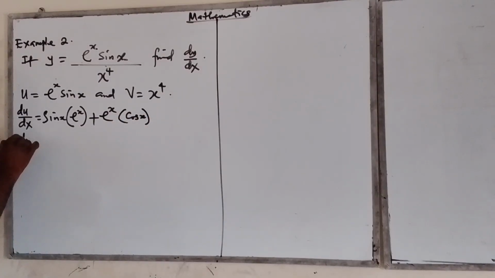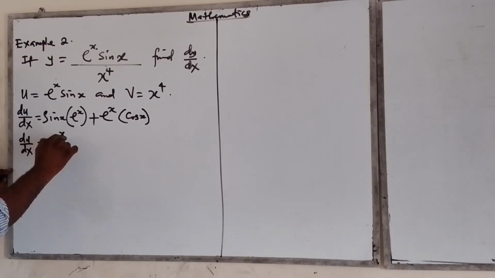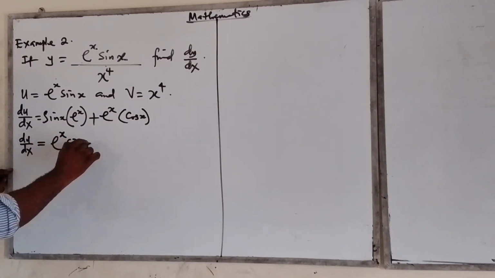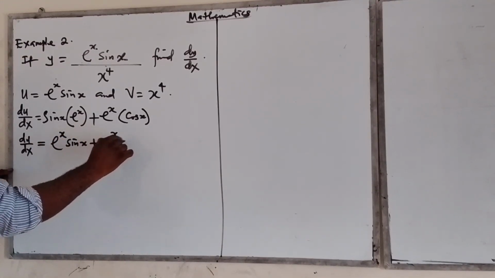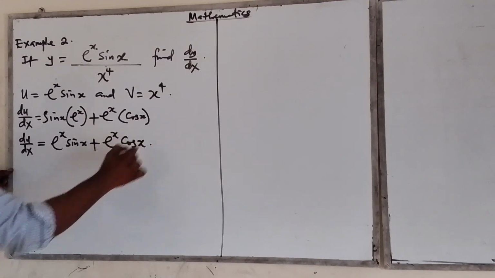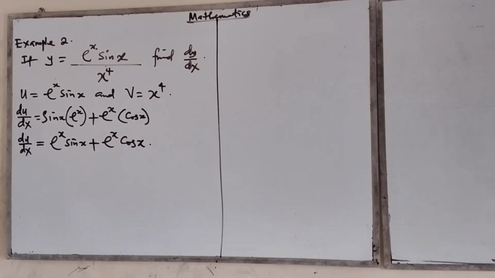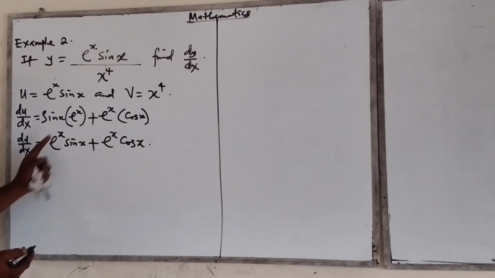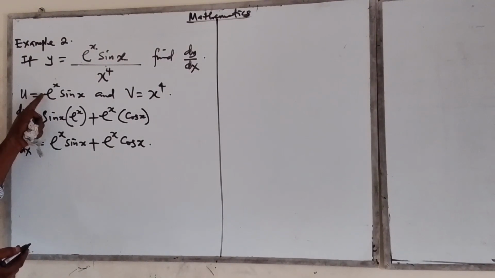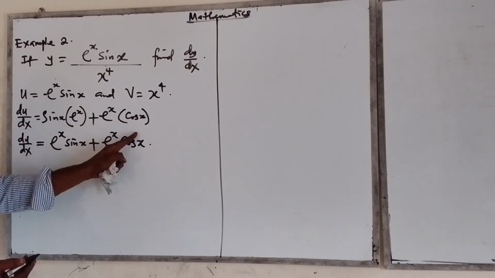So du over dx will be equal to e raised to the power of x sine x plus e raised to the power of x cos x. We pick sine x and differentiate e power x, and we pick e power x and differentiate sine x, which gives cos x.